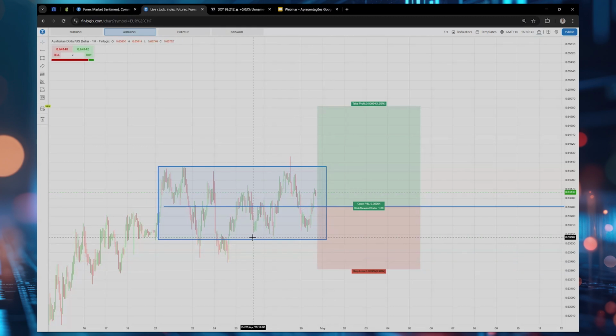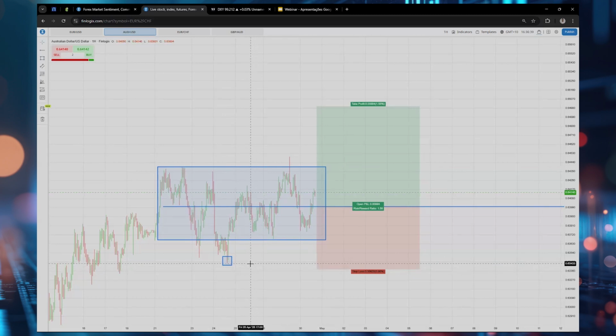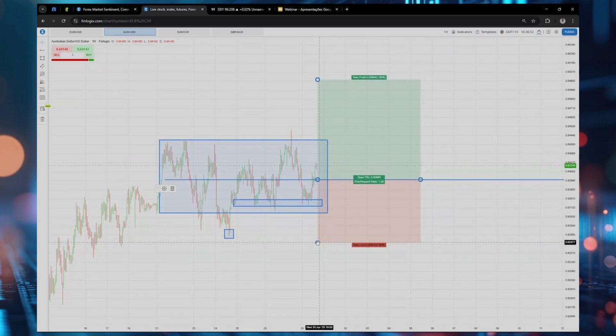Just for precaution, we have this low that would ideally be the stop loss, but we also have these lows that have been holding quite well. So you can either take a riskier trade with the stop loss here, or a safer trade with the stop loss down here.